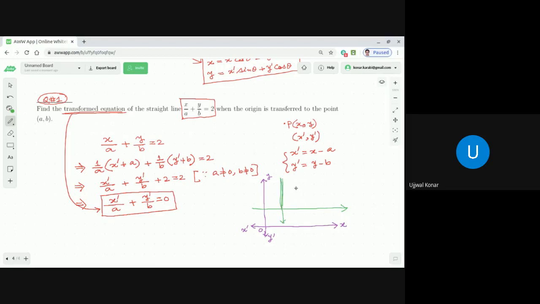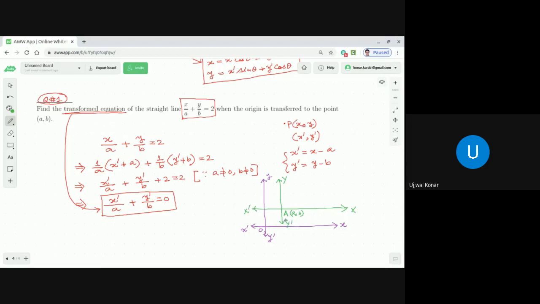Okay, just a minute. So this is capital X, that is the point, suppose A, whose coordinate is a comma b, and that is capital Y, that is capital X dash, and this is capital Y dash.